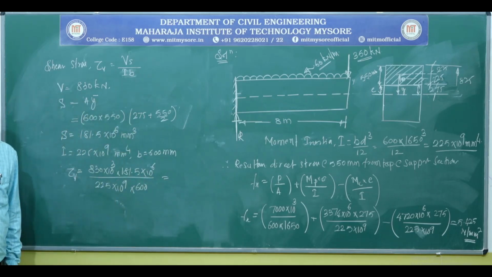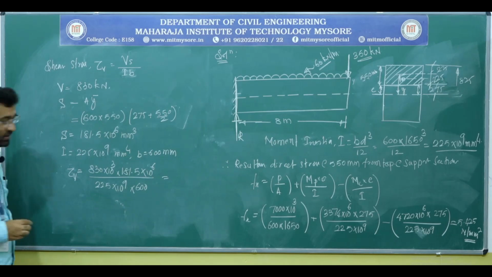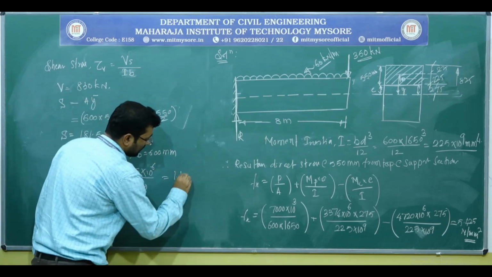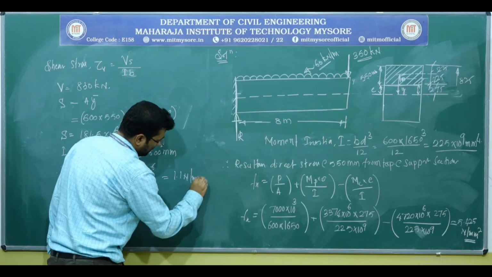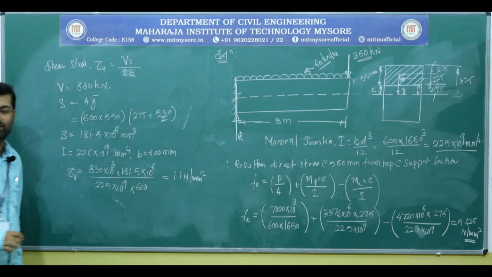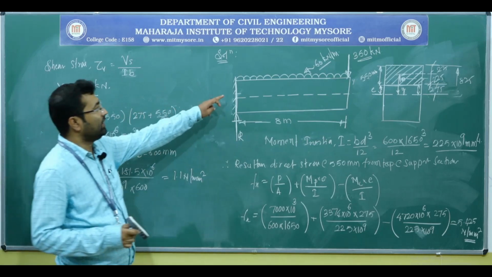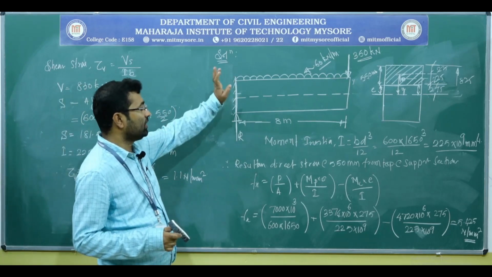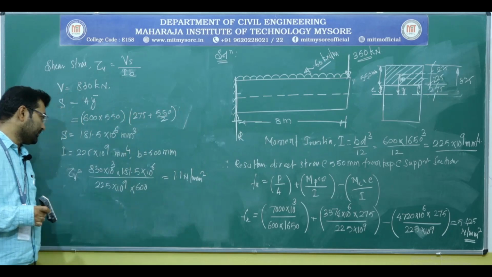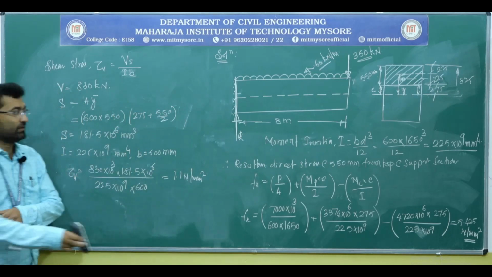This gives me a value of 1.1 newtons per millimeter square. So this is the stress in the concrete at a level of 550 millimeter from the top at support section due to the shear.